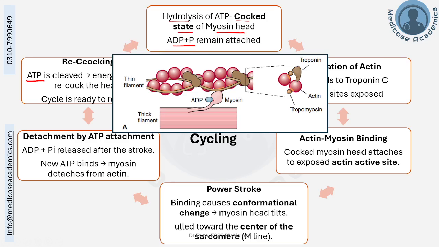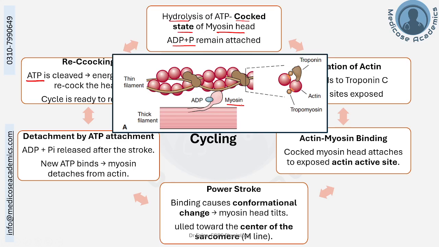This has the energy stored from the hydrolysis of ATP. And here is an important point to understand. After hydrolysis of ATP by the ATPase, the ADP is not released, but stays attached to the myosin head. So this is the first step where the myosin head is activated and converted to the cocked state.